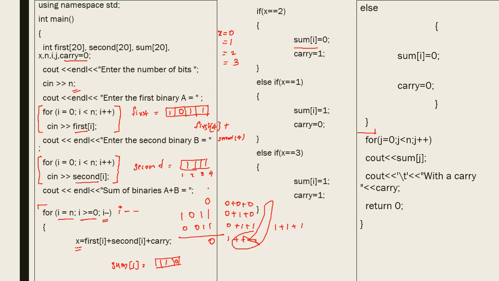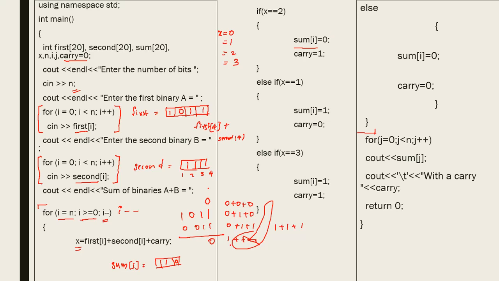Now what will happen is, the compiler will check the ith digit of the first, the ith digit of the second, and add it with the carry, and it will be stored into the variable x. x will go for a check if it's 2 or 1 or 3 or 0, and depending on that, it will run the program inside. That is, what is the value of the sum and what is the value of the carry.